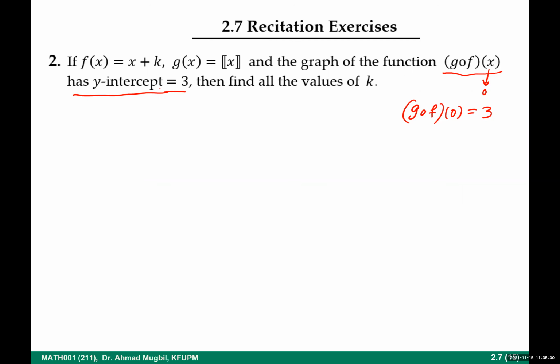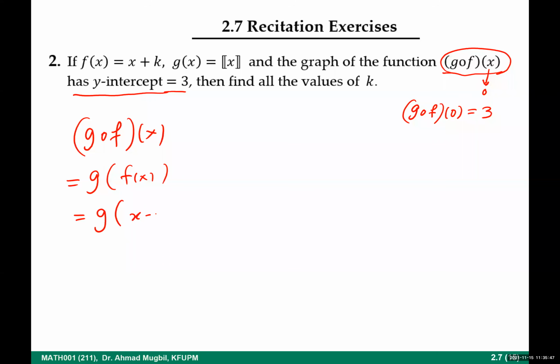Now what we will do? We will find first this function. Can we? Yes, because we have f and we have g. So this is the composition. What is this by the definition? This is g of f of x. And this will be g of, what is f? x plus k. We will go to g and replace x by that.